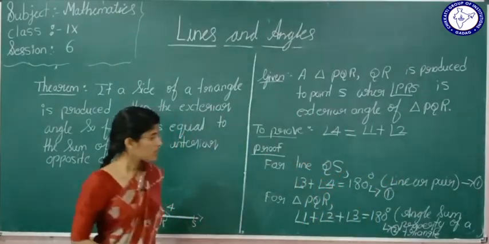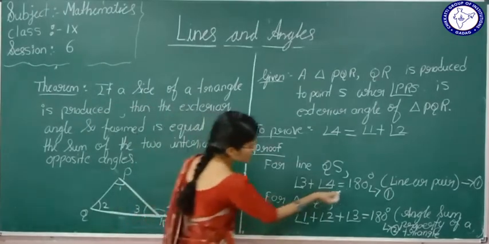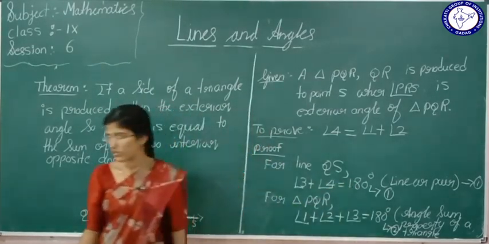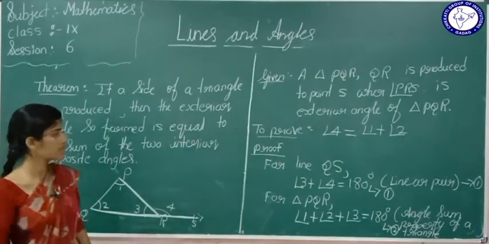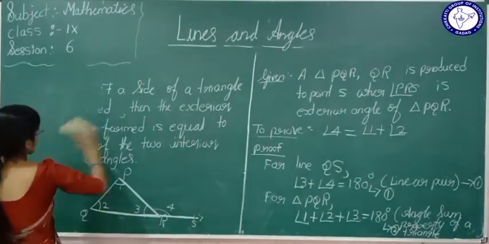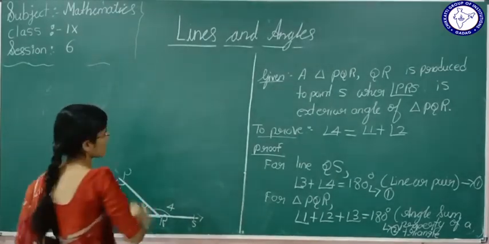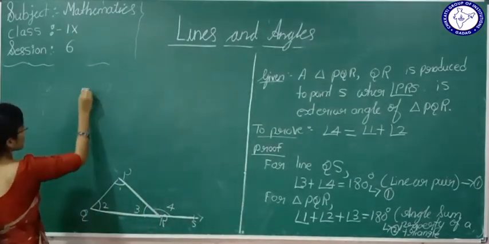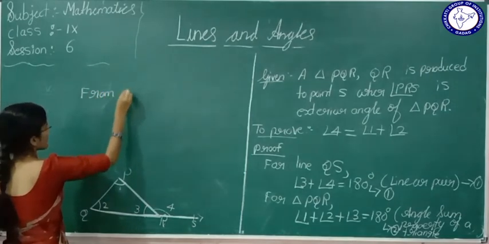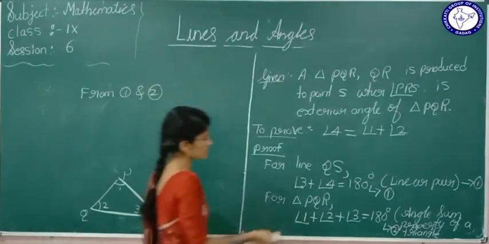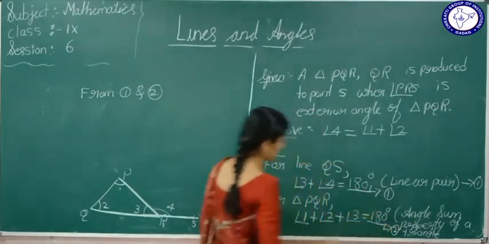See, in equations 1 and 2 the right sides are the same. We can equate the LHS. Yes or no? From 1 and 2, if the RHS are same, we can equate the LHS.